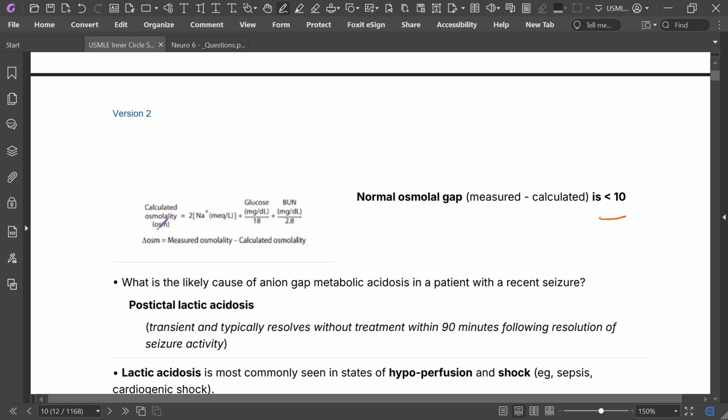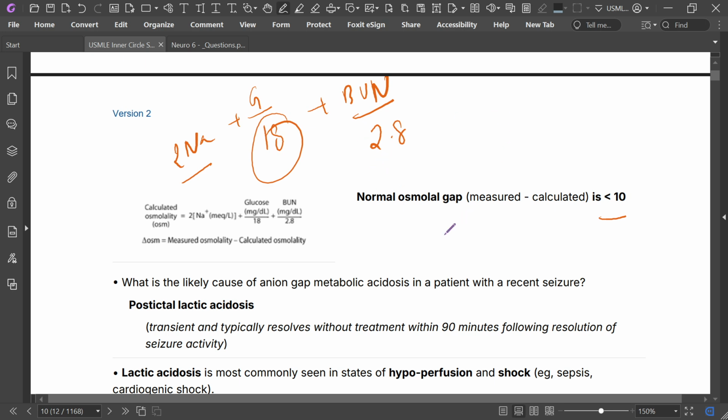Calculated osmolarity is 2 into sodium plus glucose in milligram per deciliter by 18, plus BUN in milligram per deciliter by 2.8.